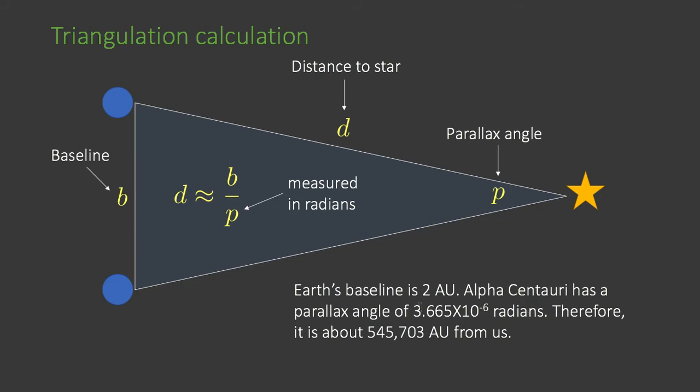But if we plug these numbers into that calculation, baseline of 2 AU, parallax angle of this, we can calculate that Alpha Centauri is 545,703 astronomical units away from us. All right, so that's the basic idea of stellar parallax and using triangulation to measure the distance to stars.